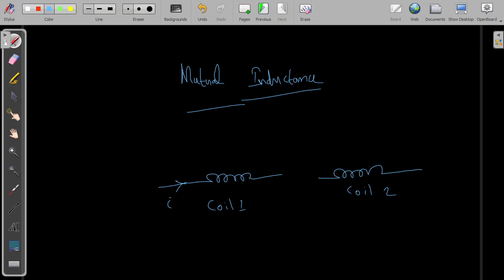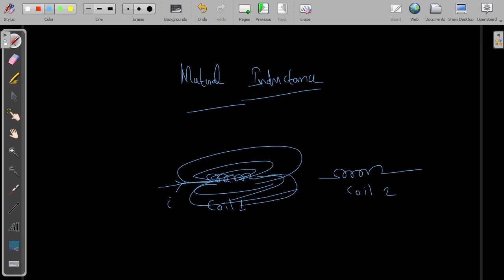According to our previous discussion, the current carrying coil will produce a magnetic flux. These magnetic lines of force will link the turns of the coil itself, that is self linkage, and this flux also links the turns of the coil placed nearby.